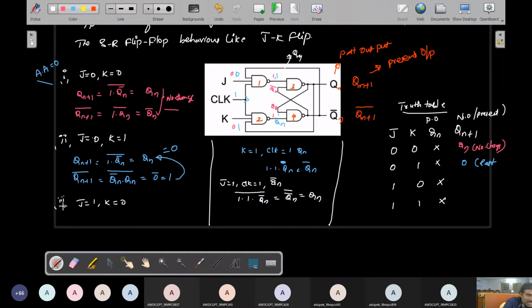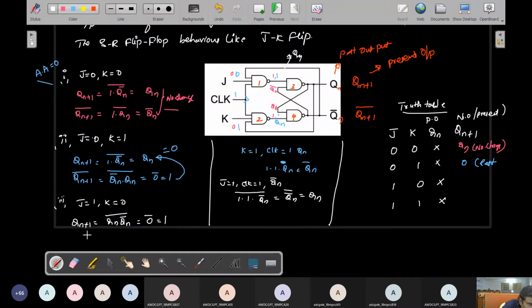So simply, your normal port output Qn plus 1 is equal to Qn into Qn bar whole bar. But Qn bar whole bar is nothing but 0 only. So therefore 0 bar is equal to 1.